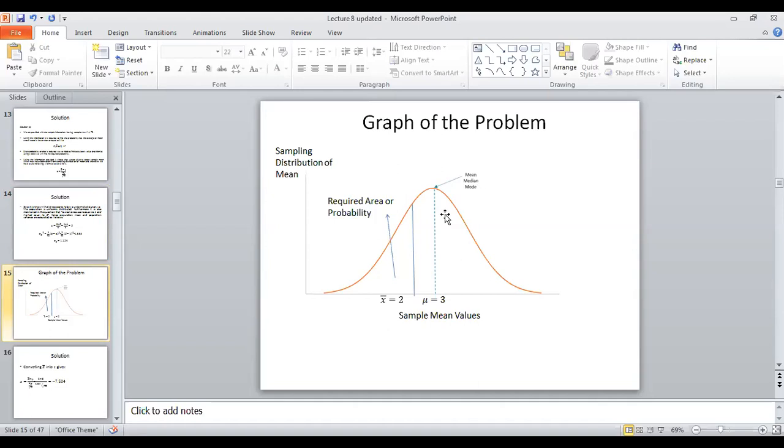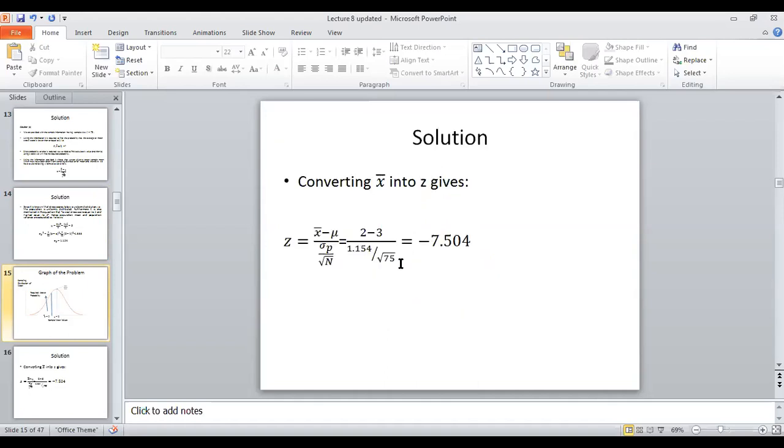Since we know that mu of the population is 3, that is the central value of this sampling distribution of the mean, 2 would be lying before 3, as shown in the graph. And we have to find the probability of x bar less than or equal to 2. So we have to find the area or probability as shown by this arrowhead. This is the required area.